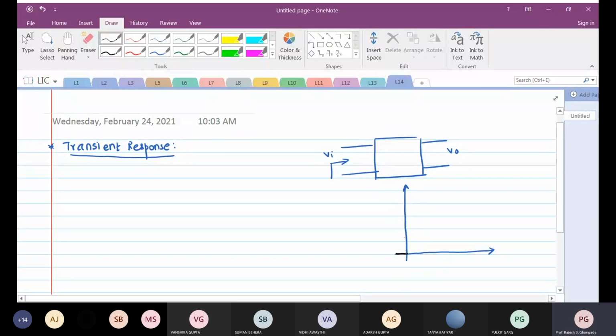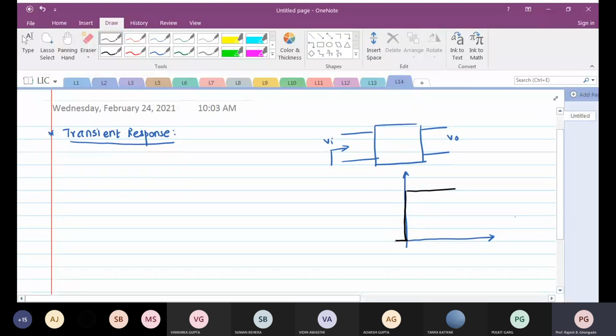Okay. Now say for example my stimuli, I apply a step input like this. Okay. So this black trace is the step input. How will the circuit respond to this particular step input? Depending on the nature of the circuit, it will respond differently. But for example, let us say we are talking about a simple amplifier.